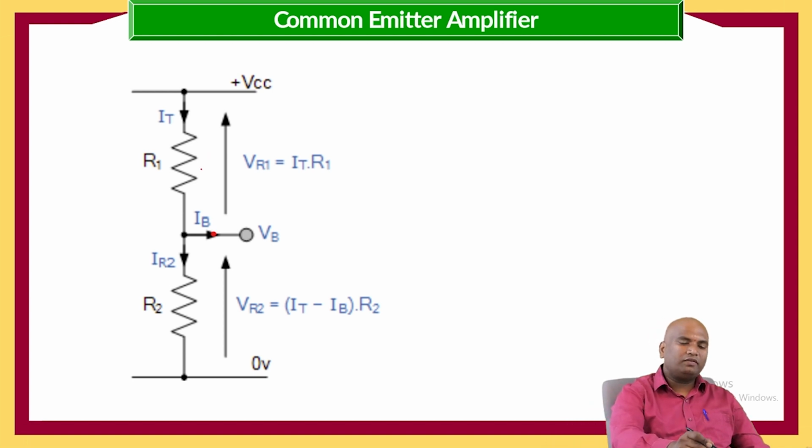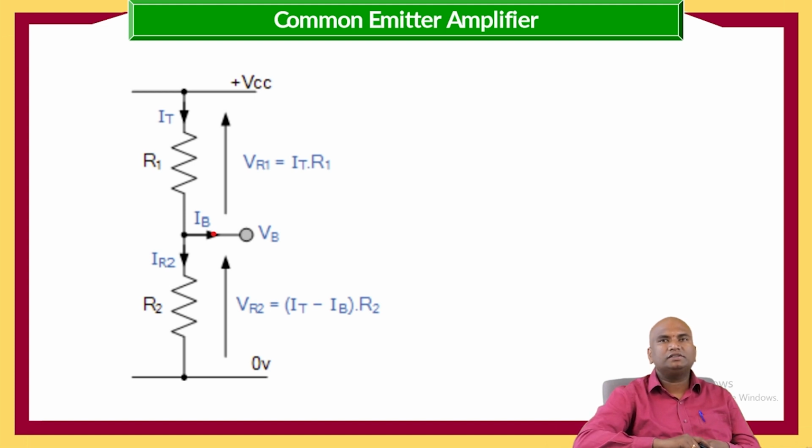Here, these are the R1, R2 resistors, we have VCC, and here is the total current IT. Here IR2 is the current, but both are in series, so the current will be the same, but here it is connected to the base, so base current will be reduced from this divider circuit.